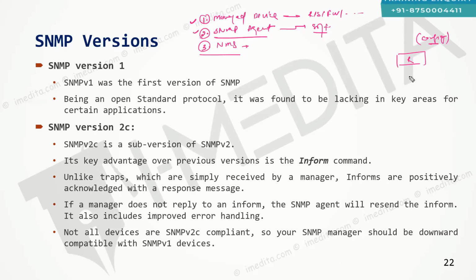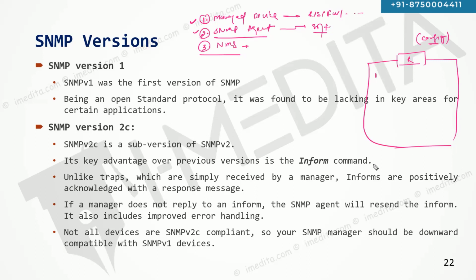What this SNMP agent is going to do is build a database of all the information that it can collect from that particular router. Information such as the interfaces, router name, description, uptime, MTU, routing protocol, everything the SNMP agent can collect from this device.